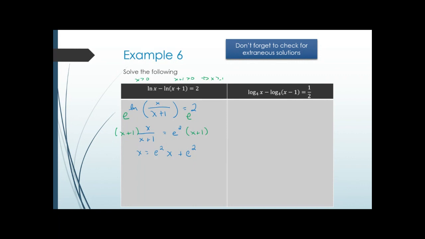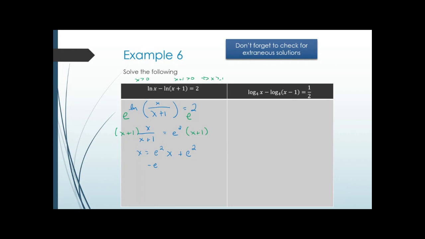So now I need everything with x to be on one side because I need to factor the x out. This is a little trick. We've done this before. I can't remember where it was that I showed you guys this trick. It might have been in week 3 when we were solving these types of things.